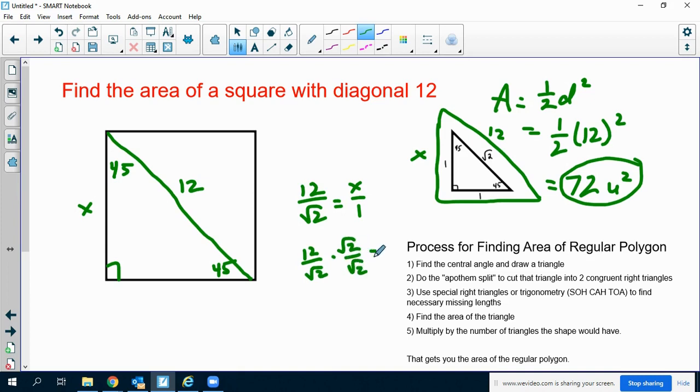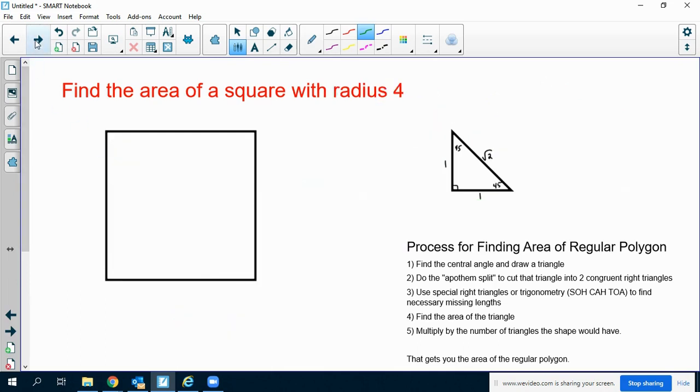We can simplify that, and it ends up being 12 root 2 over 2, which is 6 root 2. So each side is 6 root 2. If I wanted to square that, I would have to type it in parentheses in the calculator. So 6 squared times root 2 squared would get me 72 units squared. And so that's another way to do it.